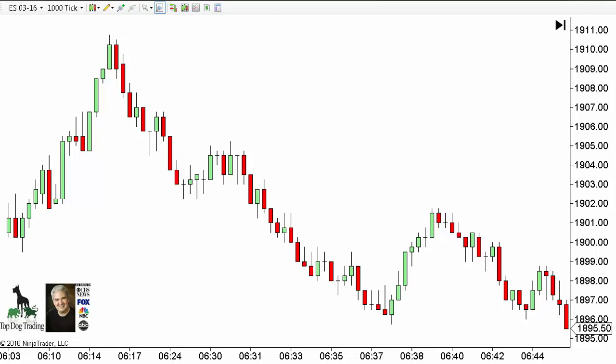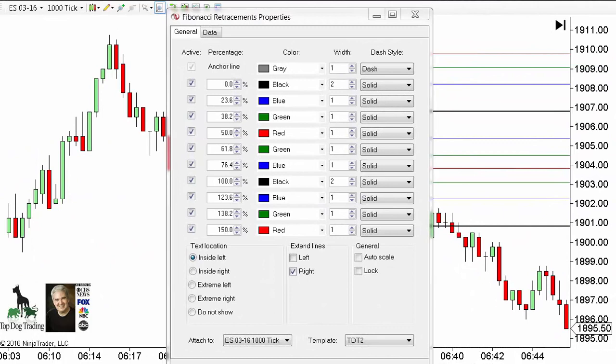All right, so first of all, let's look at what these Fibonacci numbers are. Let's bring those up so that you can have them on your chart. So here are the numbers that I use. And we're going to specifically look at these. Remember, this is a percentage of how much the market retraces back toward the initial impulse move where it started.